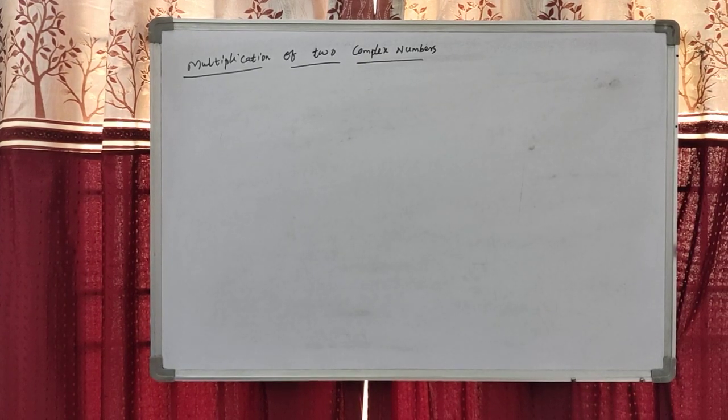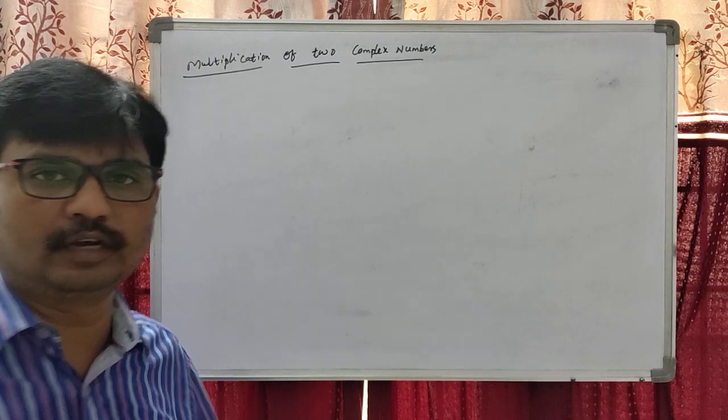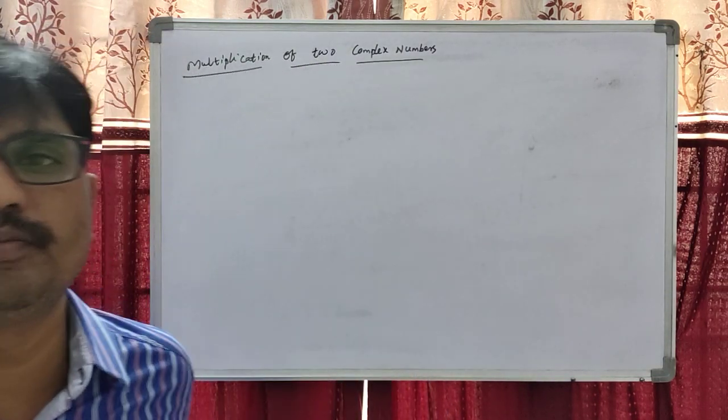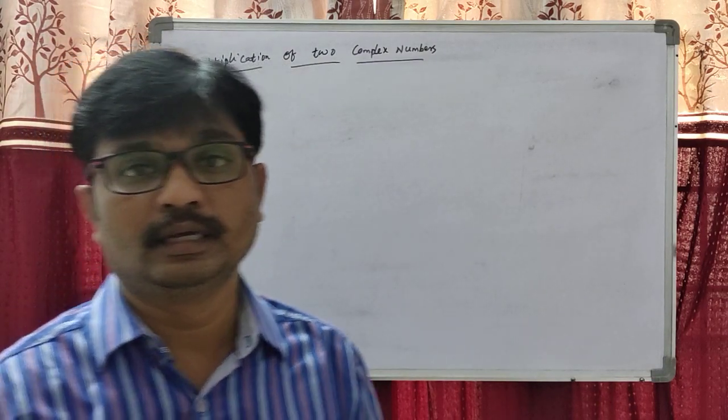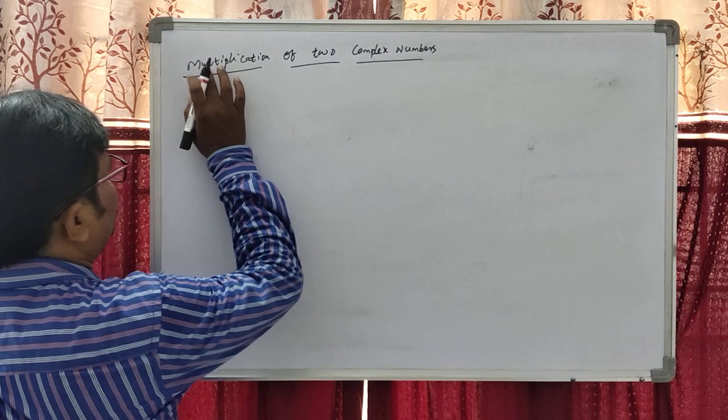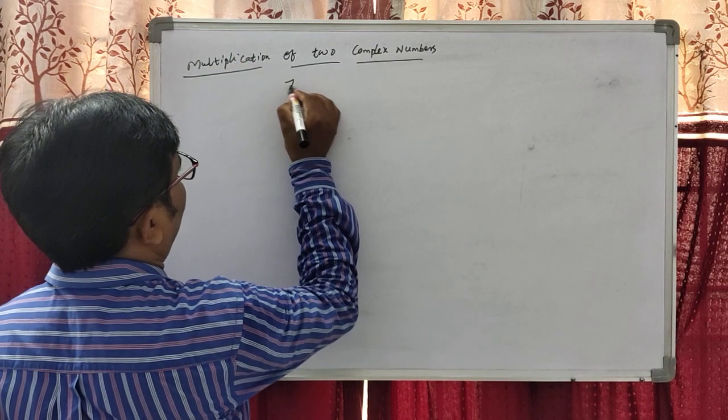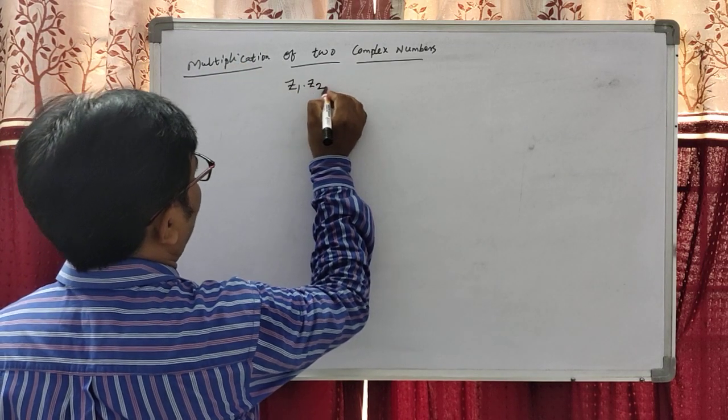Now the multiplication of two complex numbers. Z1 is a complex number and z2 is another complex number, so its multiplication is denoted by z1 into z2.